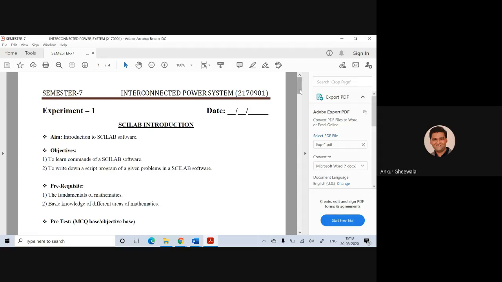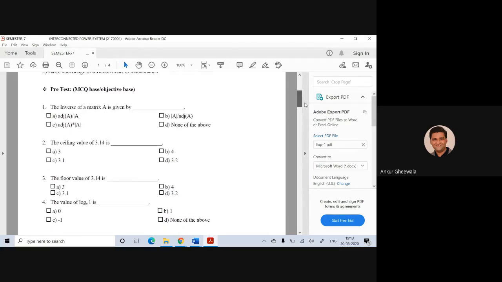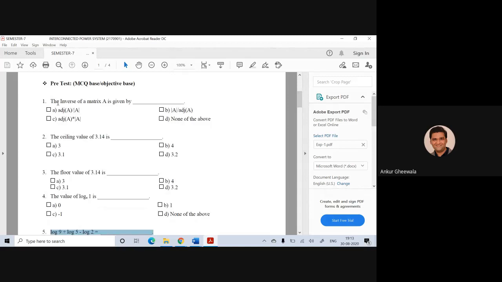Before we start, we will first check our knowledge with a pretest. The first question is the inverse of matrix A. Suppose you are given a matrix and you want to find A inverse; it is given by the adjoint of A divided by the determinant of A. Then the ceiling value.